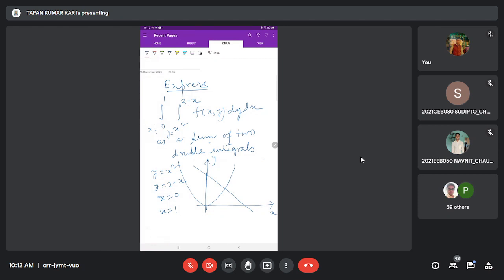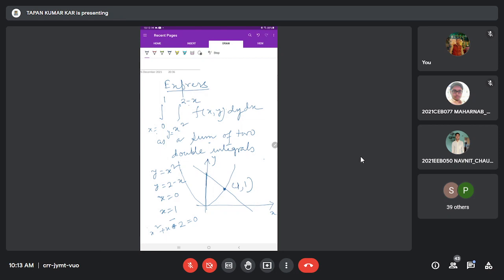So first evaluate this point. y equal to x square, y equal to 2 minus x, so x square equals 1, so it is the point (1, 1).